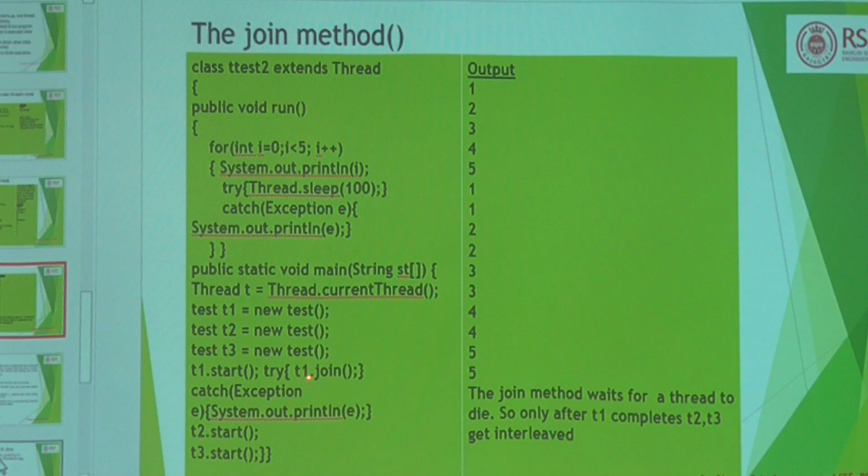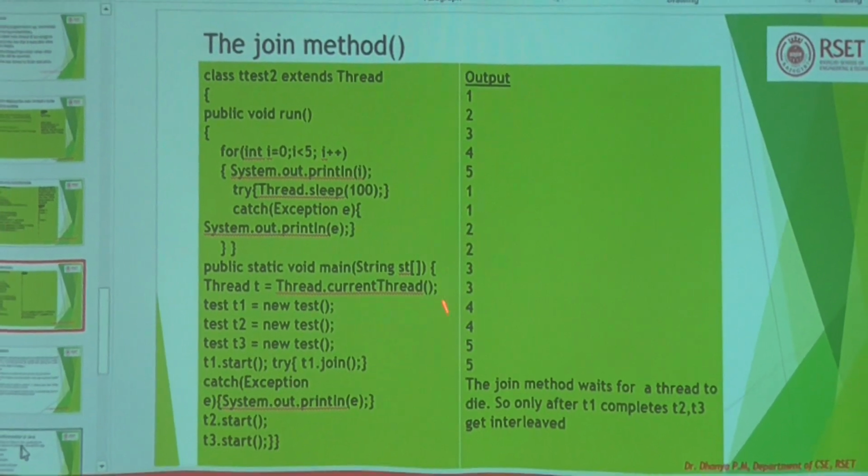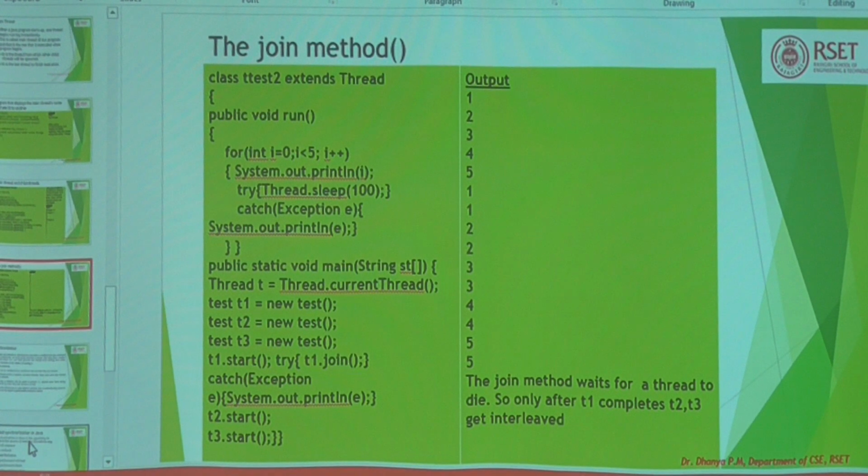That is, only after completing t1 will t2 and t3 start. You can see in the output that t1 is started first and the join function will wait for t1 to complete. So only after completing t1, the next t2 and t3 are starting. So t1 completes first, then comes t2 and t3 in an interleaved fashion. So let's see the outputs.